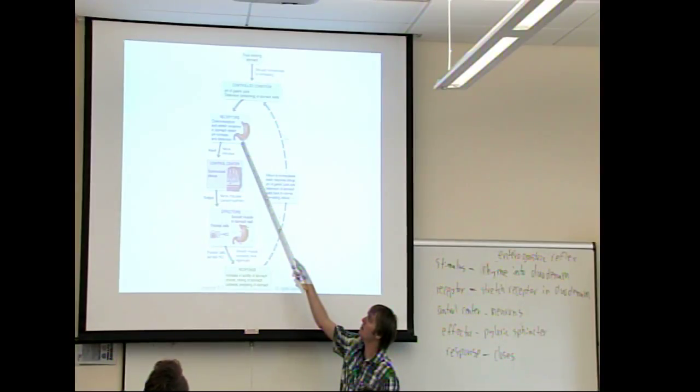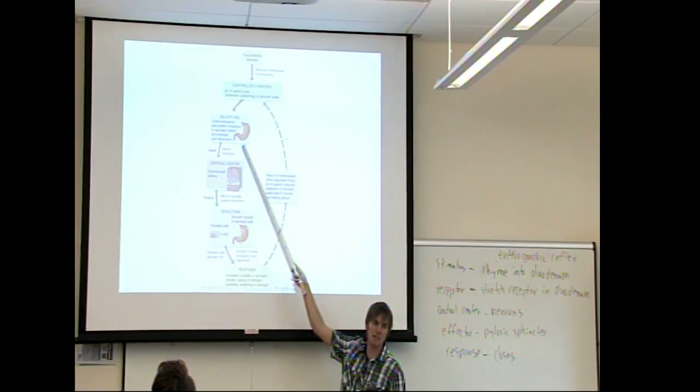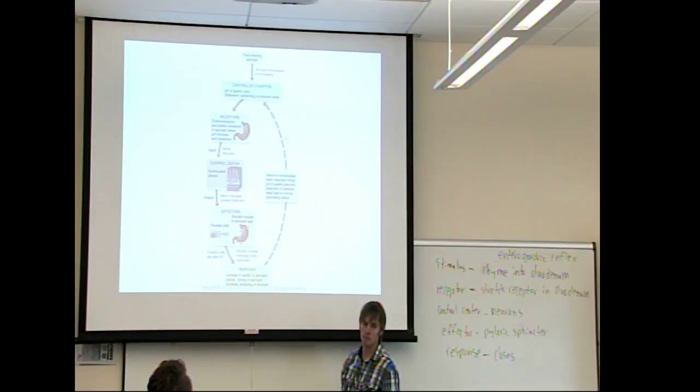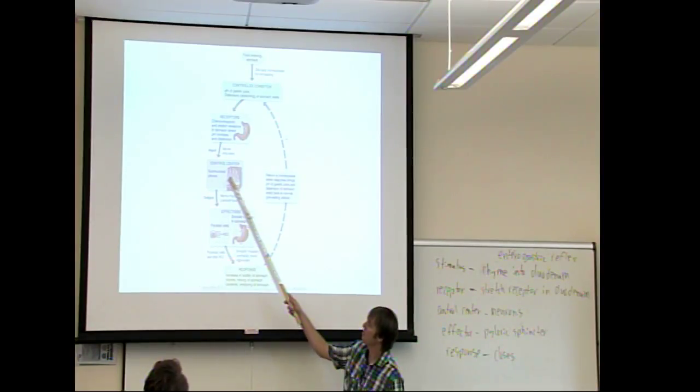Then you've got two kinds of receptors, either the chemoreceptor detecting the high pH or the stretch receptor detecting the stretching. The control center is just a cluster of neurons there.